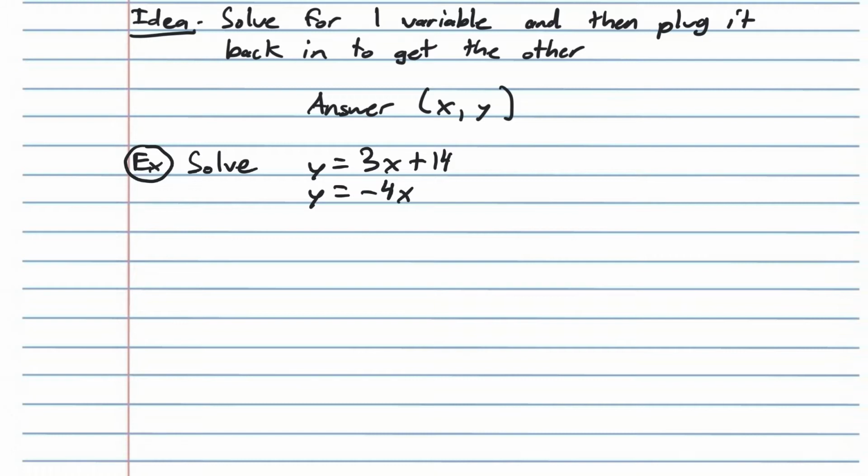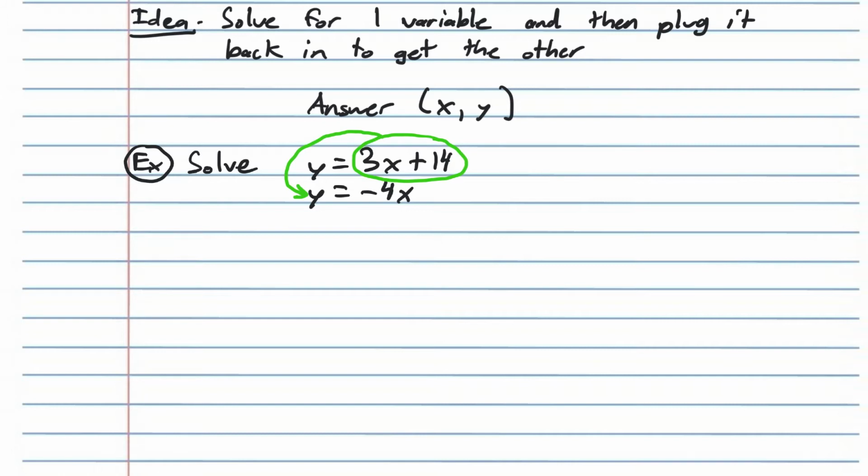Okay, so the idea is that because y is equal to this piece, I'm going to go ahead and circle it. Okay, because y is equal to that and y is equal to negative 4x, we're going to take this part, because this is equal to y, and substitute it in to that location. So we're taking that part I circled in green, and we're going to replace it in the second equation where the other y term was.